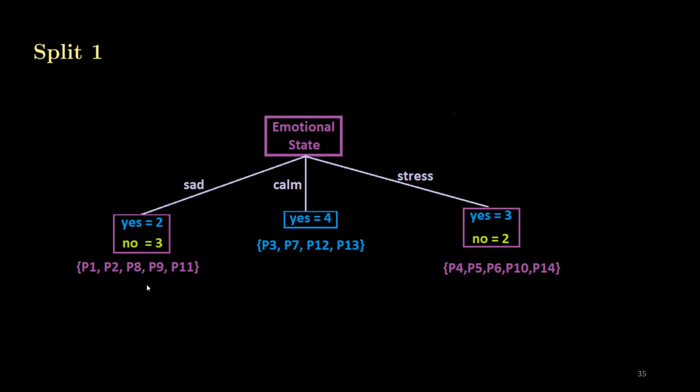So these are the 5 patients associated with sad. These are the 4 patients associated with calm, who have the emotional state calm. And these are the 5 patients with the emotional state stress.